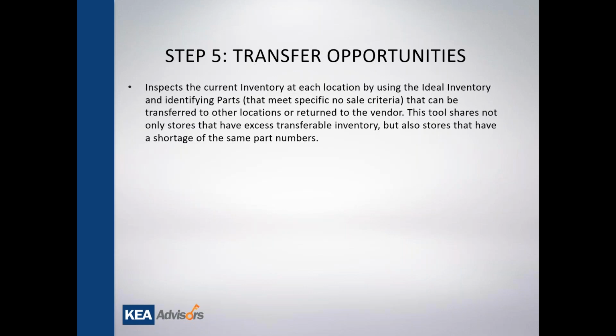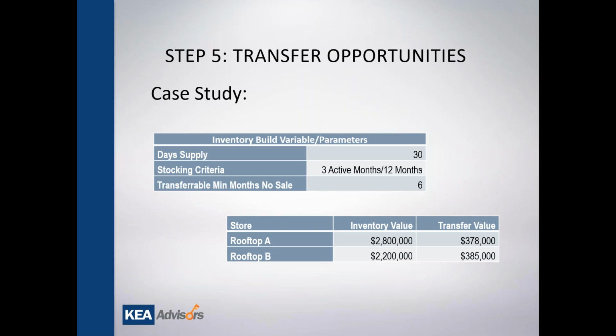Last but not least, as we look to right size our inventories, focus on our pricing strategy, we're going to move some parts. We've been talking about that. We're going to move them across stores. And that's where the transfer opportunities come in, as we look at which parts qualify for transfer. So they're stock status parts. We want a 30-day supply in our inventory at all times.